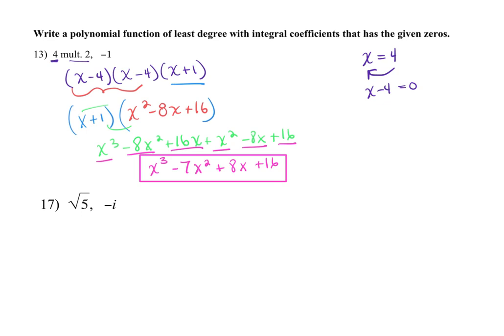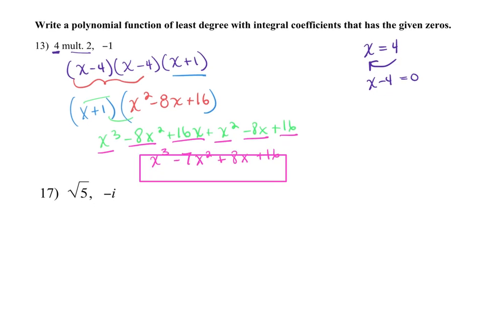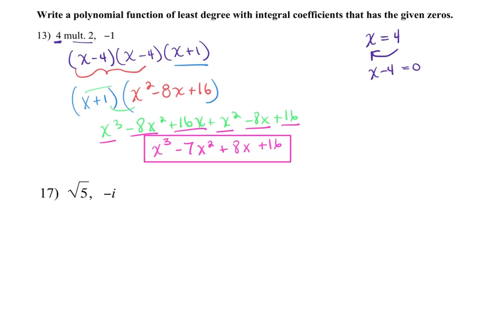Okay, the main difference between that one and 17 is that 17 has a radical and an i. Anytime you have a radical or an i, it's going to pair up with its opposite, okay? So this square root of 5, well, I would say x minus the square root of 5. If you have that one, you will always have x plus the square root of 5.